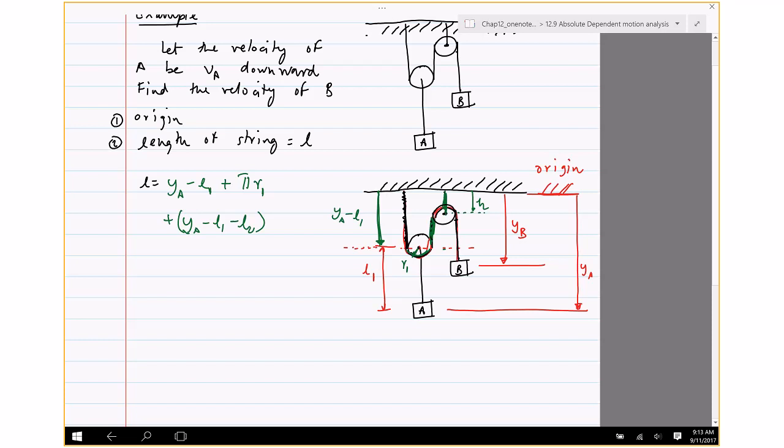Why is it pi r, why isn't it pi r squared? Pi r squared is the area of the half circle. The circumference is 2 pi r, the full circumference is 2 pi r. So half of that is pi r. So how do you know yours will be pi? Just from the figure.